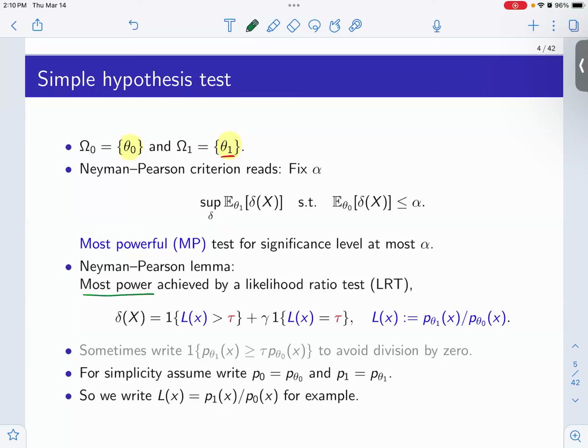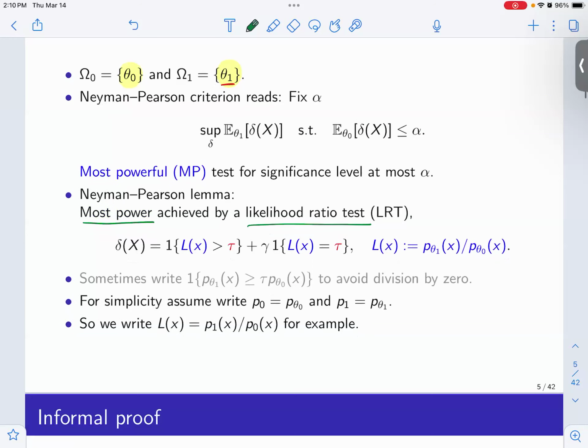So the most power is achieved by the likelihood ratio test of this form. So you form the likelihood ratio: basically, the ratio of the density under the alternative to the density under the null.